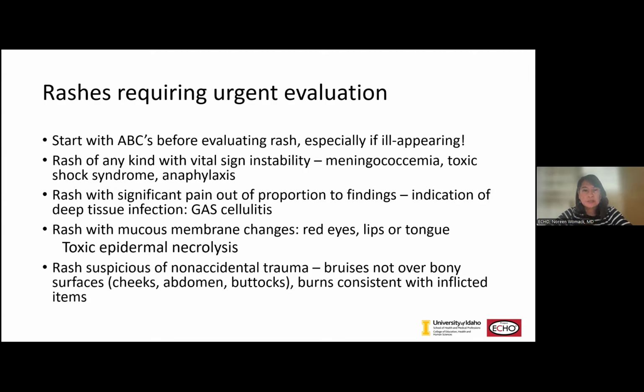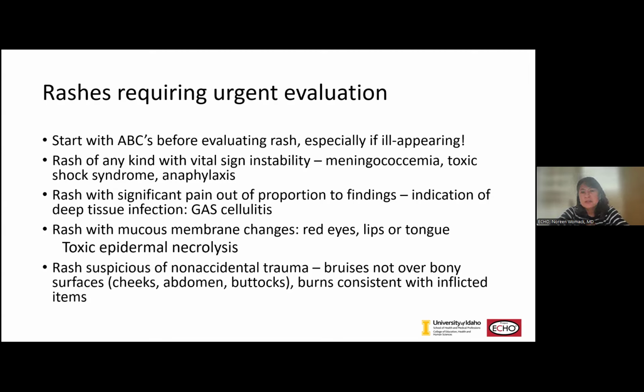The reason we don't see this as often anymore is because this was often associated with a bad varicella or chickenpox infection. So if somebody had a lot of chickenpox and got this infection, that was a true emergency because the infection spreads quickly, goes deep into tissues, and often requires debridement and surgery. Thankfully, that is not seen very often anymore, but still something to keep in the back of your mind.